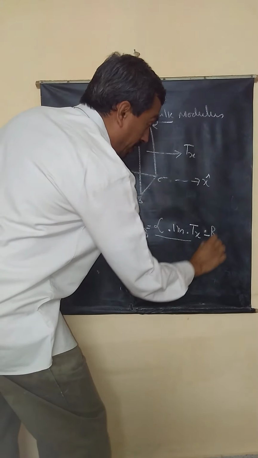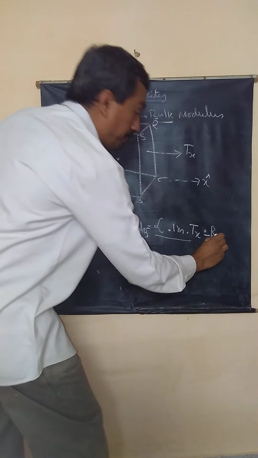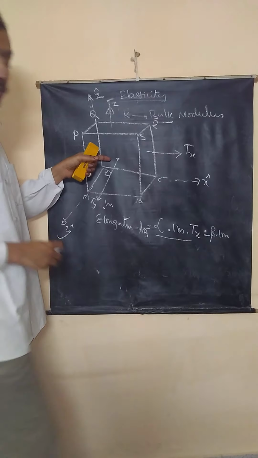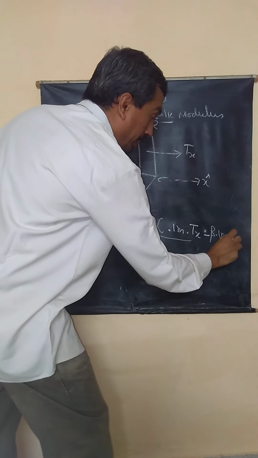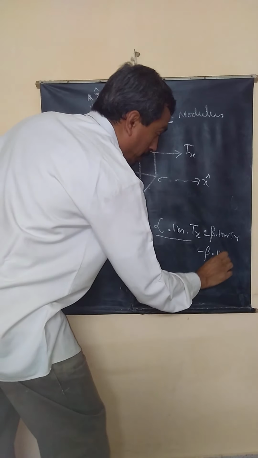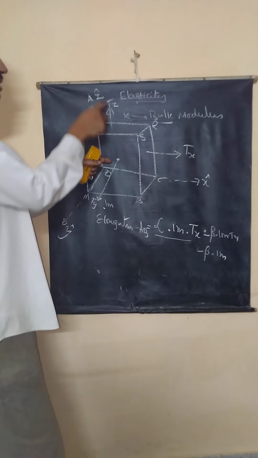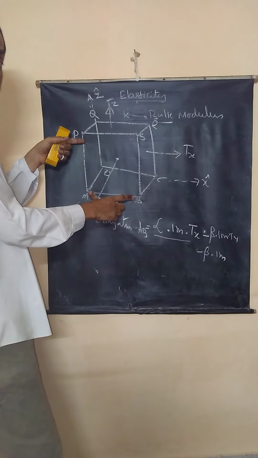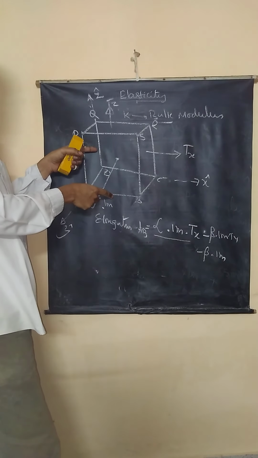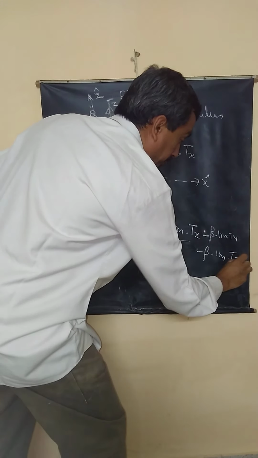So if beta is the compression strain, the reduction is beta into 1 meter into Ty. This is also minus beta into 1 meter into Tz, because Tz is perpendicular to AB. So this stress also causes compression along AB.